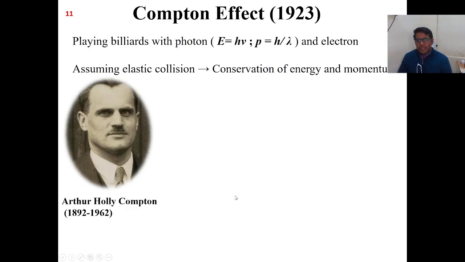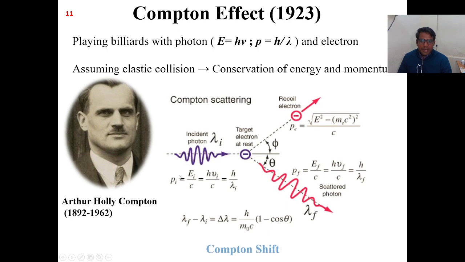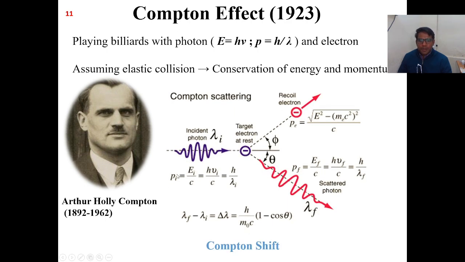The third most famous concept that supports the particle nature of waves was the Compton effect. Quite an interesting concept proposed by Compton. It says that when radiation is allowed to fall over an electron or a microscopic particle, the microscopic particle recoils, and the radiation gets reflected.